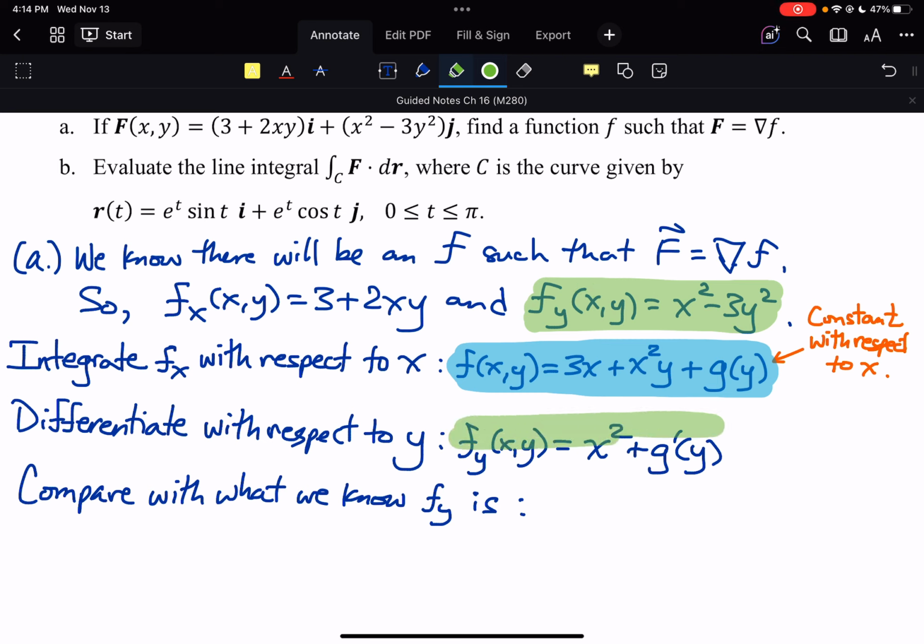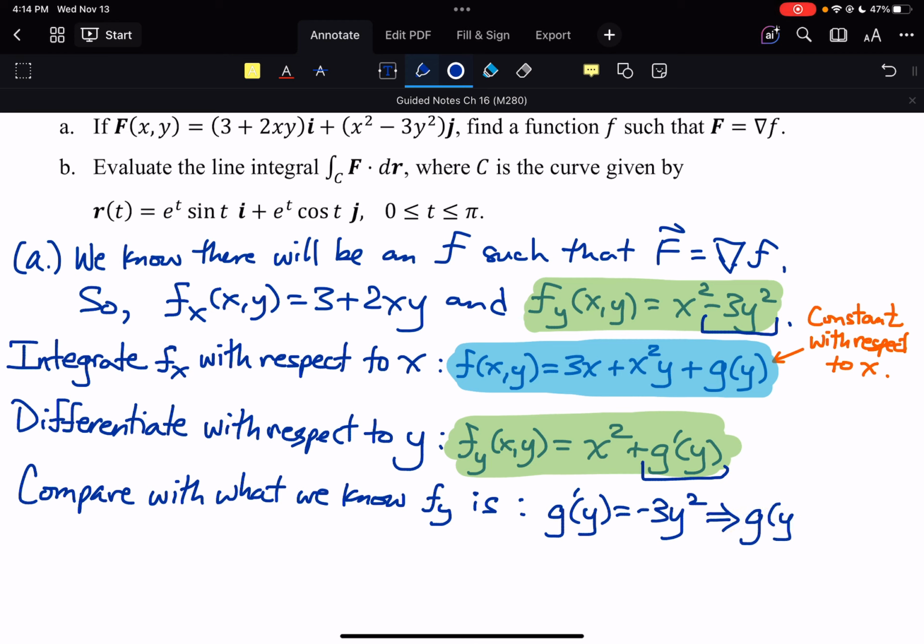We just found f_y is x squared plus g prime of y. So comparing directly, x squared checks out. g prime of y must be equal to negative 3y squared, which means that g of y will be negative y cubed.